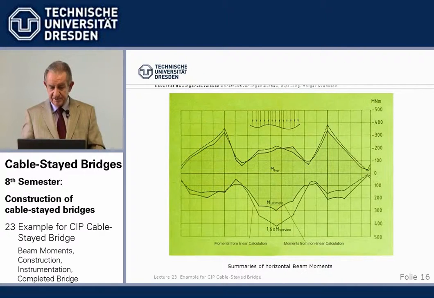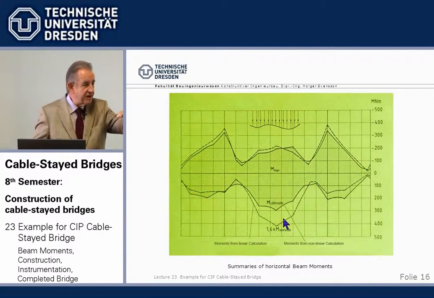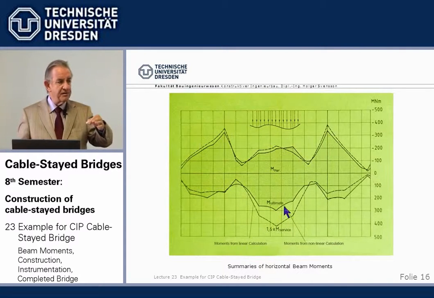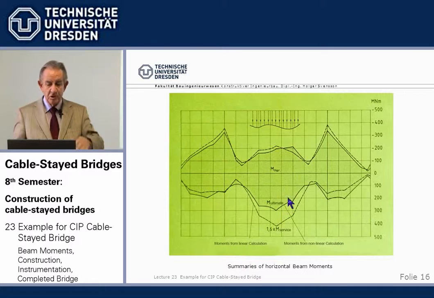And the dotted line would be the moments under service load times 1.6, meaning the linearly increased service loads compared with the nonlinear calculated ultimate loads.